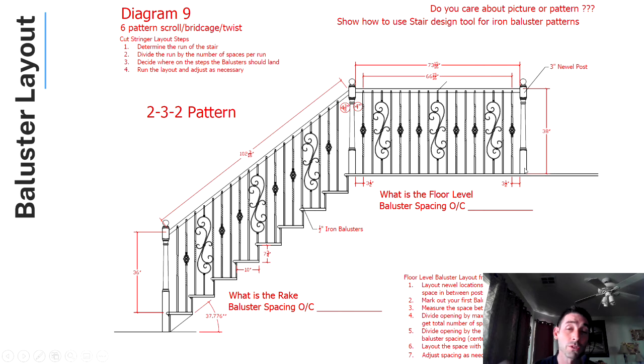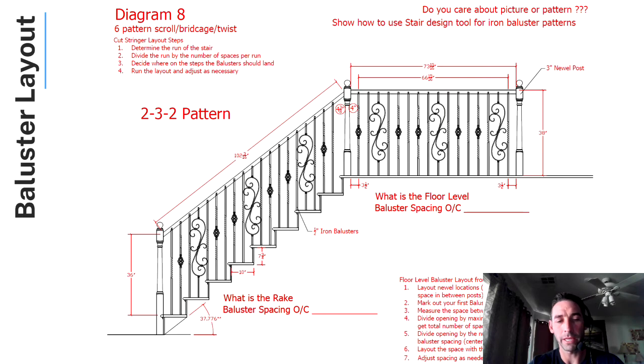Okay, so when you divide these out, let's go back. I'll show you how that works. So here we have 66 and 15/16. So I'm going to go 66 inch 15/16 in my calculator, divide by max spacing, which would be 4.5.